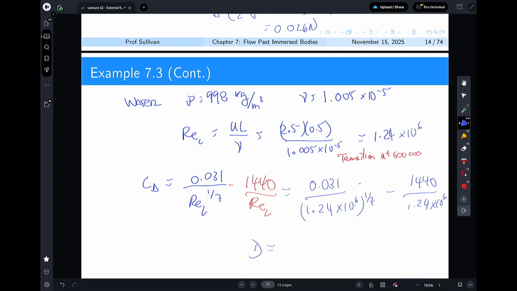Drag, or C sub d, is equal to 0.028, and D equals C sub d 1/2 rho u squared times b times L.